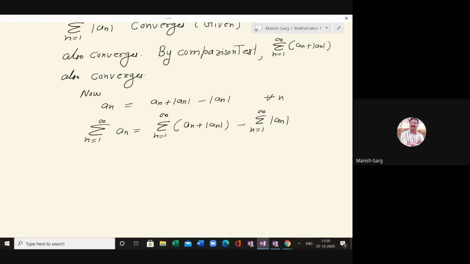Now this converges, and we know that subtraction of two convergent series is also convergent.